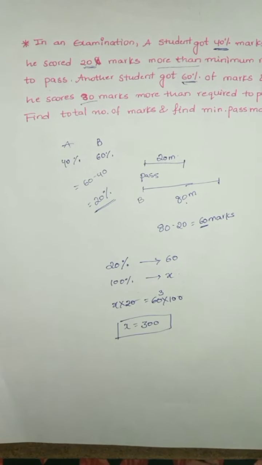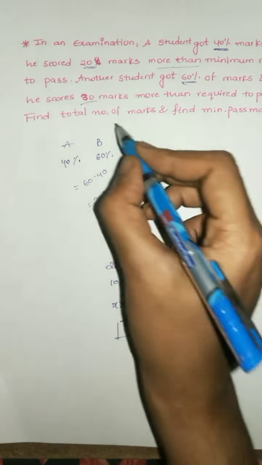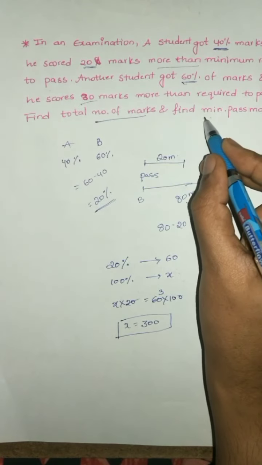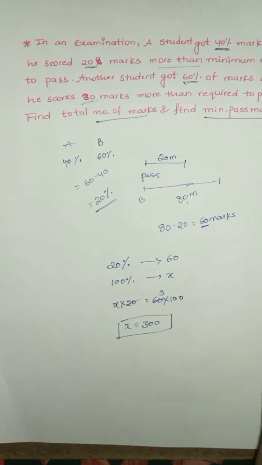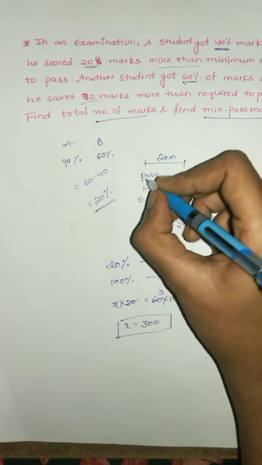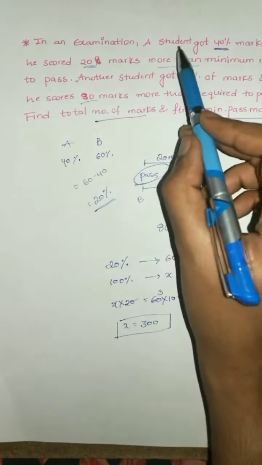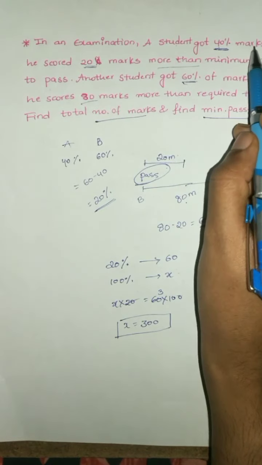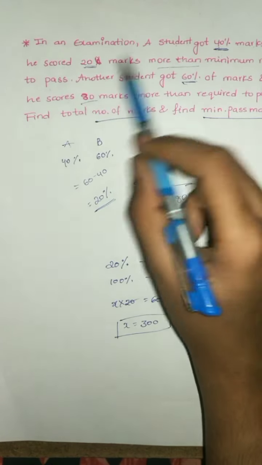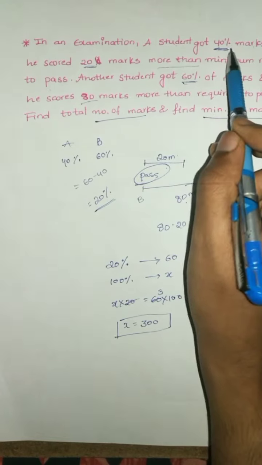Now one more question is asked: find the minimum pass marks. How will we find this? It is given that a student got 40% marks and he scored 20 marks more. So let's find what 40% is.